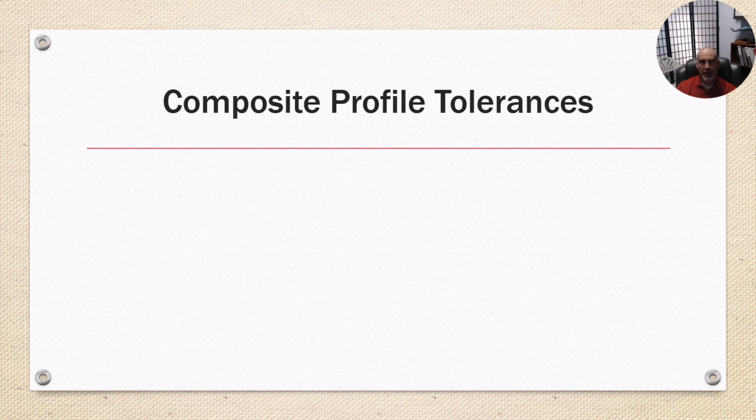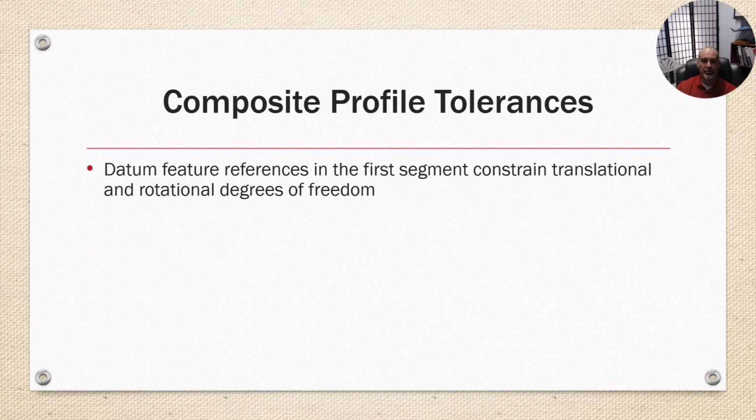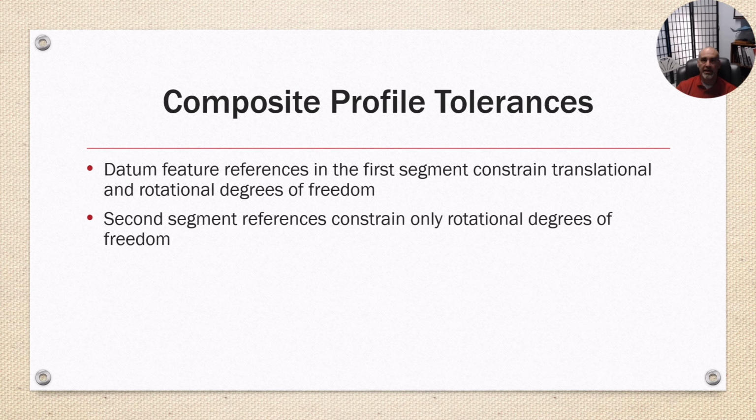Okay, composite profile tolerances. The datum feature references in the first segment constrain the translational and rotational degrees of freedom. So when you have multiple segments, the first one is going to control its rotation and how it can move around. So it's generally a looser tolerance. The second segment references constrain only the rotational degrees of freedom.